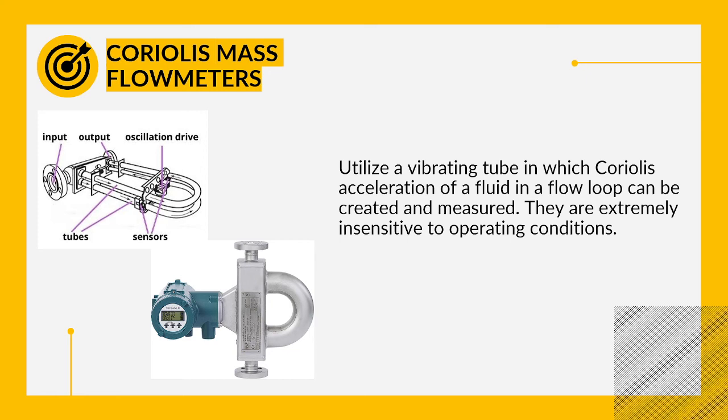These meters are more expensive than volumetric meters and range in size from 1/16 to 6 inches. That's the diagram for the Coriolis mass flow meter. We have the input, and the fluid travels down to the tubes that pass through the sensors and the oscillating drive, and exits through the output.